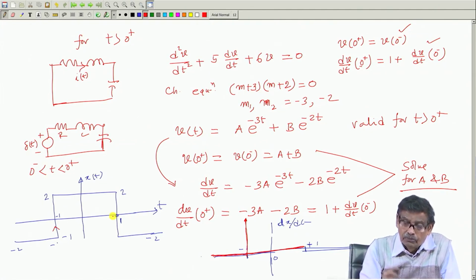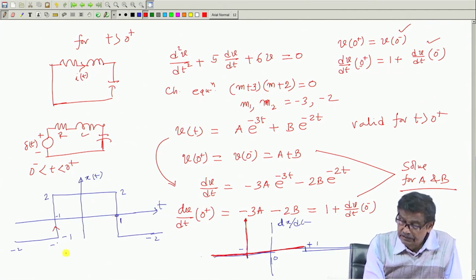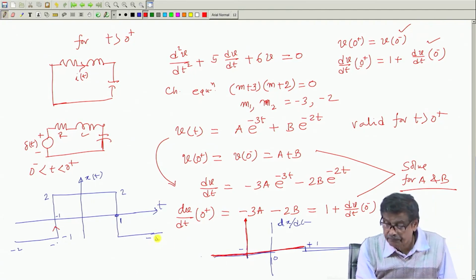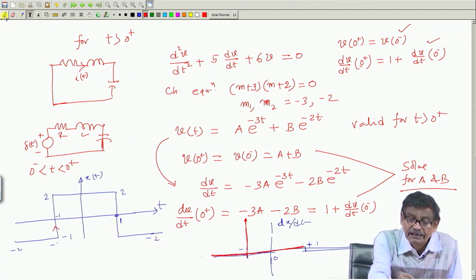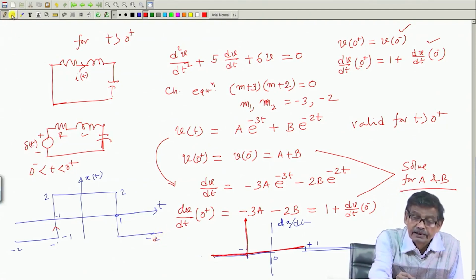I made a mistake, please forgive me. This level was -2, and this is also at -2. It could be anything, but anyway, let me write it correctly.